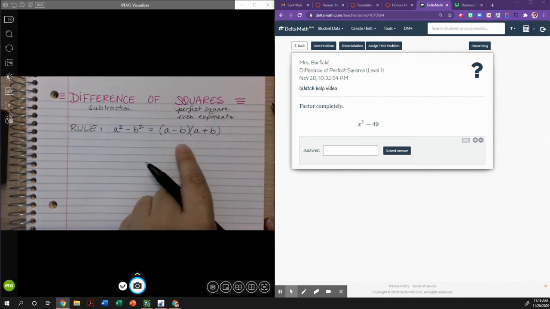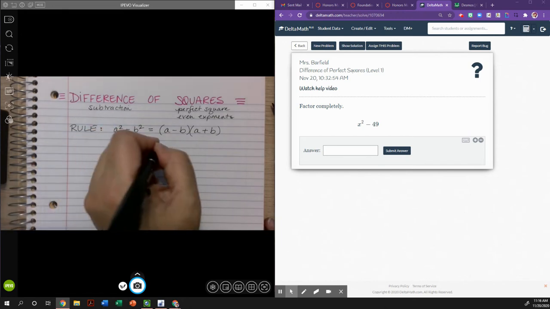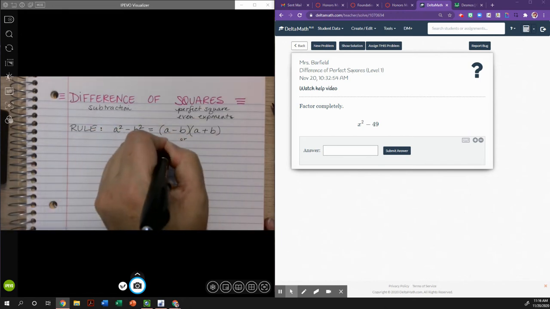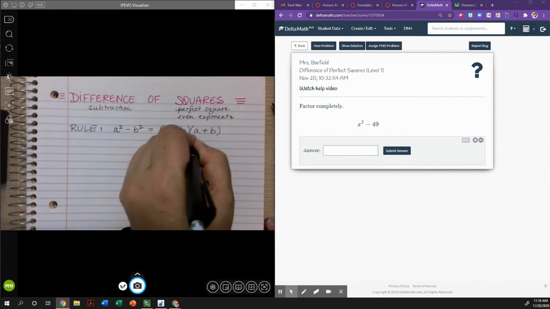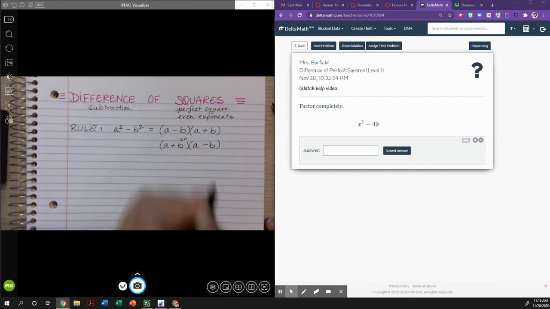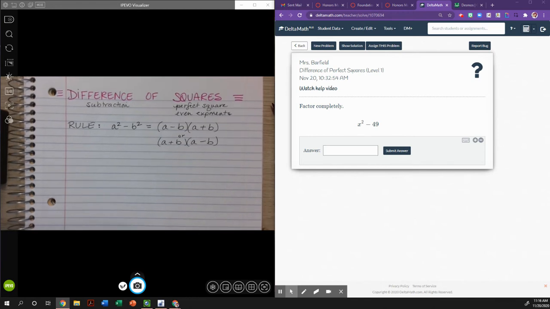You could do (a plus b)(a minus b). So it's either or. And this is where you've got to be really good at dividing by 2 and taking the square root of a number without having to use your calculator.